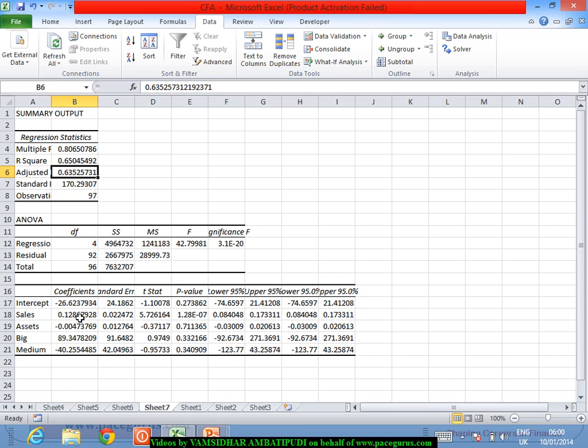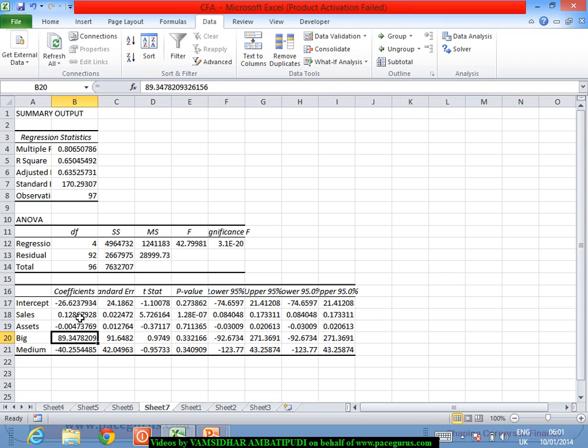These are the coefficients for sales. This is the coefficient for assets. This for big, the coefficient is 89.34. How do I interpret this?